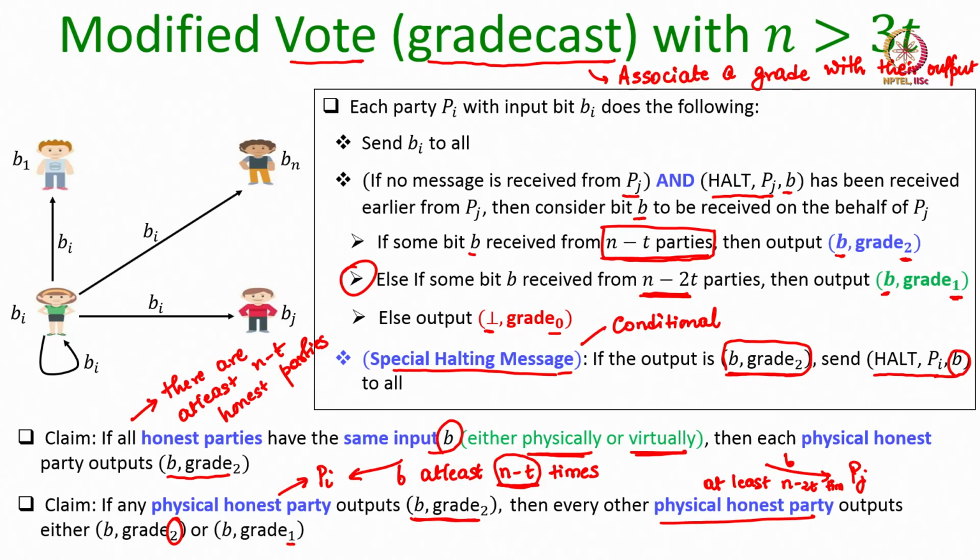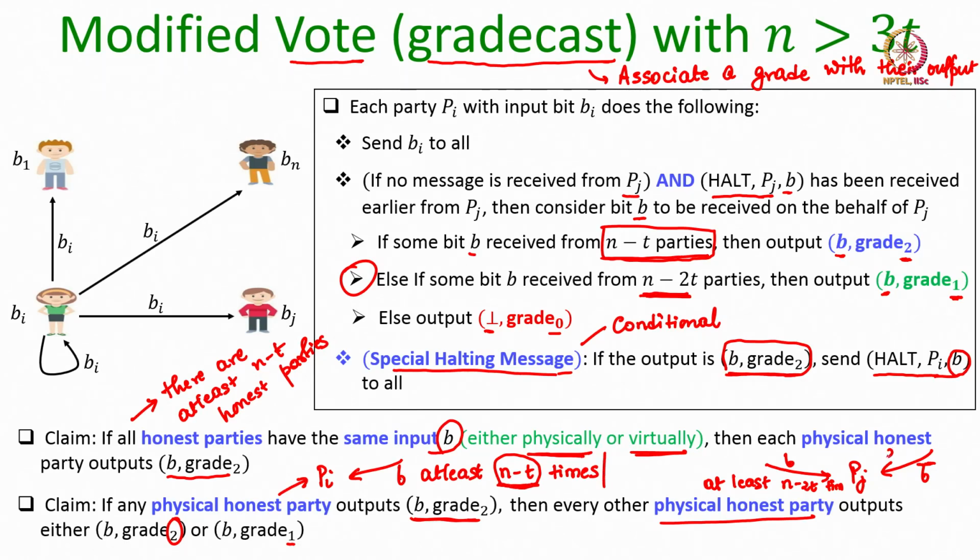and it can't be possible that Pj receives b prime from another set of n minus t parties, because there could be at most 2t parties from whom it could get b prime, namely the t corrupt parties who would have sent Pi the bit b might decide to send b prime to Pj, along with t parties who have sent some value to Pi outside the set of these n minus t parties.